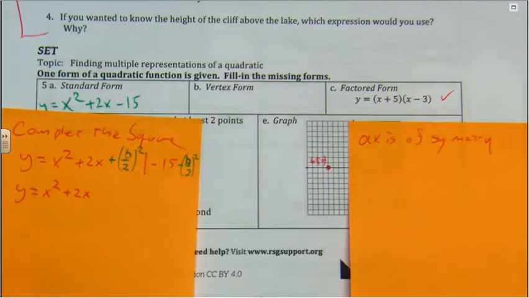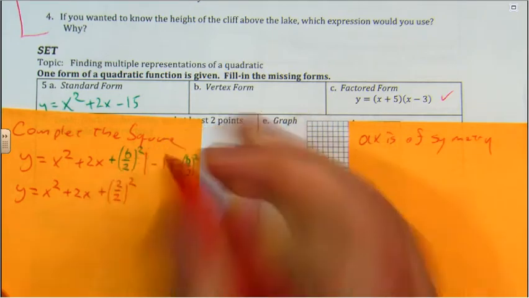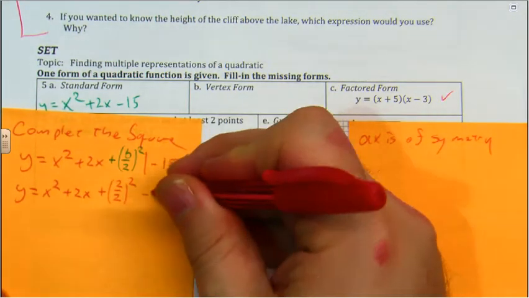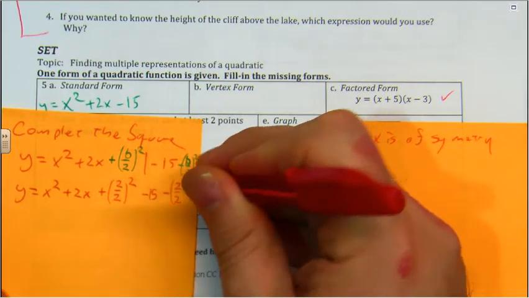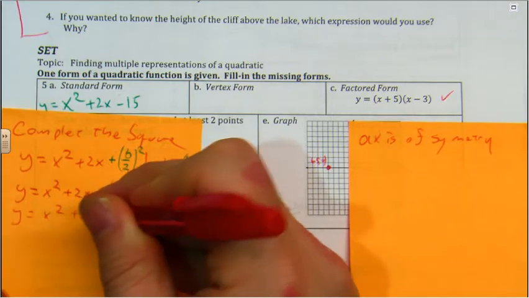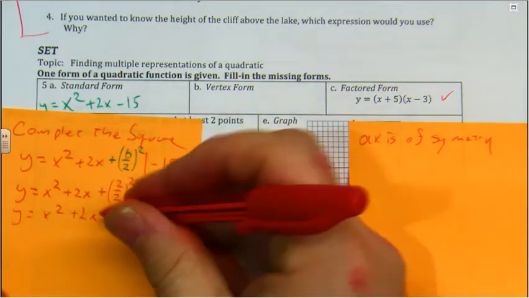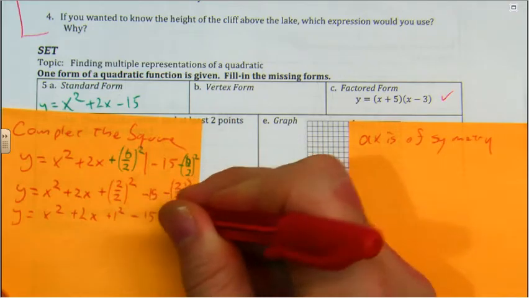Okay, what is b over 2? Well, my b is 2, so 2 divided by 2 squared, and then minus 15 minus 2 over 2 squared. 2 over 2 is 1 squared, minus 15 minus 1 squared.